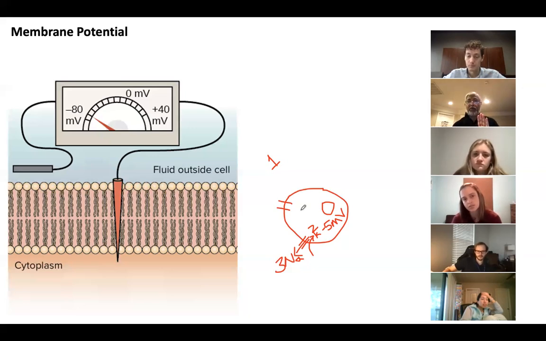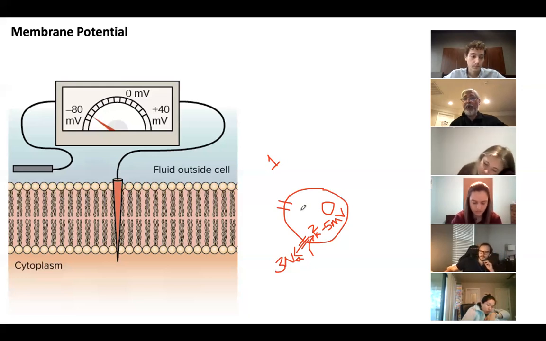Wonderful, that's what I wanted to know. We have already high concentration of potassium inside compared to outside, right? Outside is about 10 millimole, inside is about 150 millimole, so way high inside. So the concentration gradient will pump the potassium out, right? It will pump potassium out if it is permeable.